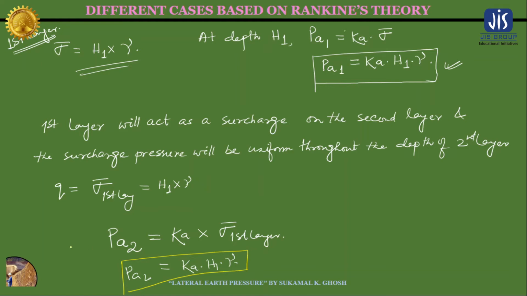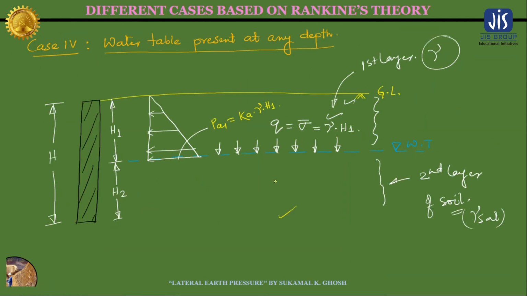Since this is uniform throughout the depth of the second layer, that is throughout the depth of H2, PA2 is equal to Ka into gamma into H1.